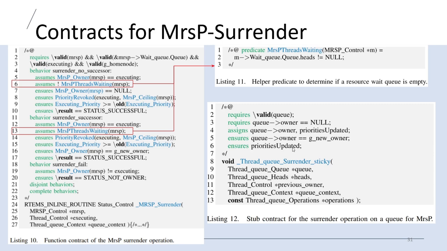The actual transfer of the ownership happens in the counterpart, during the waiting thread's sys function, by the queue function thread enqueue sticky. When the function is called successfully, the calling thread is guaranteed to retrieve the ownership of the queue.